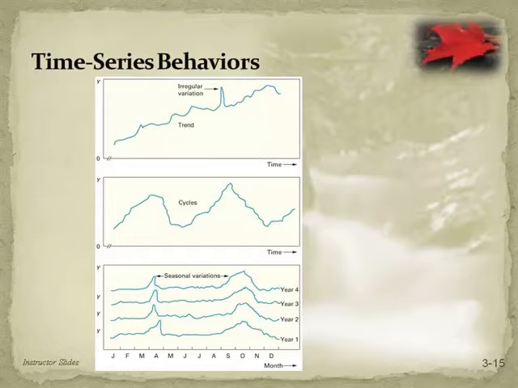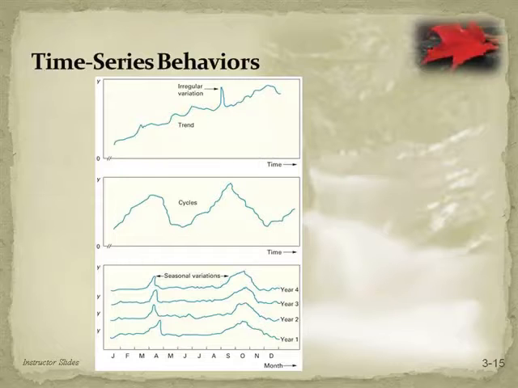Let me give you an example of a cycle. Our economy goes through cycles. We go through a growth cycle, and it peaks out, and then we have a recession where the economy will go down, the gross domestic product will go down, and it will bottom out, and then we will go back into a recovery cycle, and eventually it will peak out again.